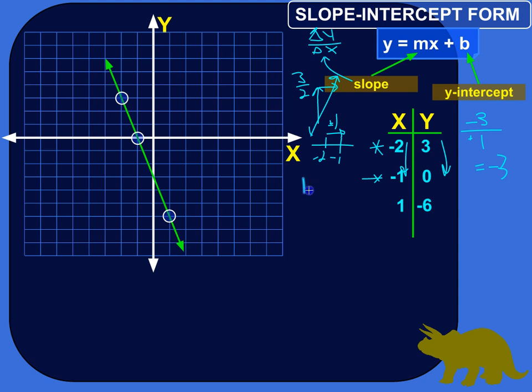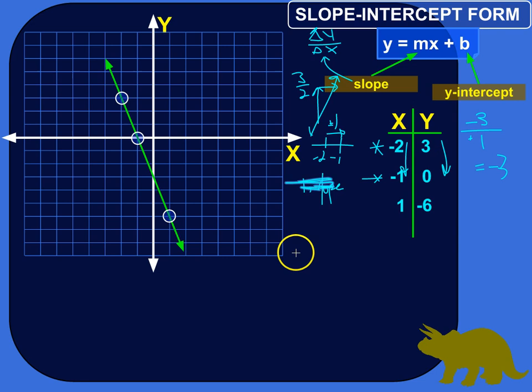Step 1, slope. I'm not going to write these, I'll just say these steps. Step 1, find the slope. Step 2, write your equation knowing what you know so far.